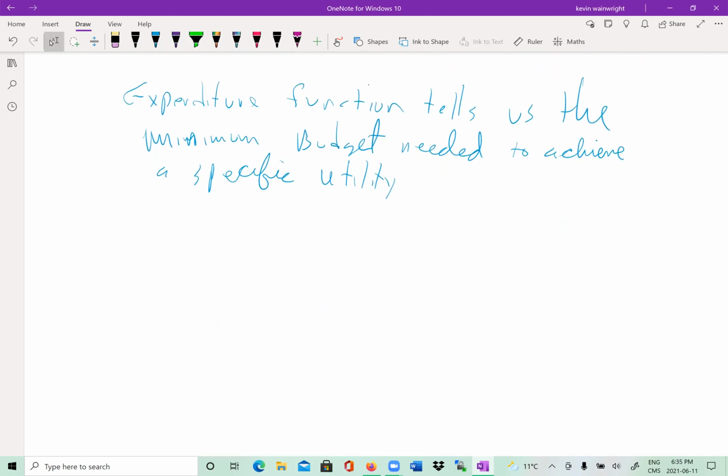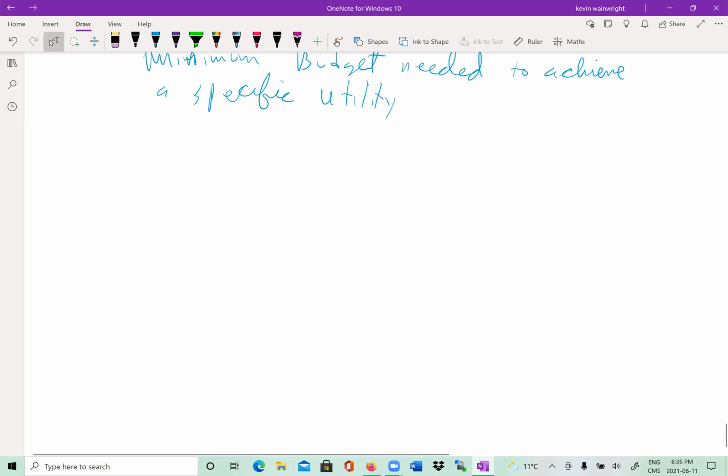Okay, so let's work through this with an example. So the utility function gives me my indirect utility function, gives me my expenditure function, which I'm going to need for later.